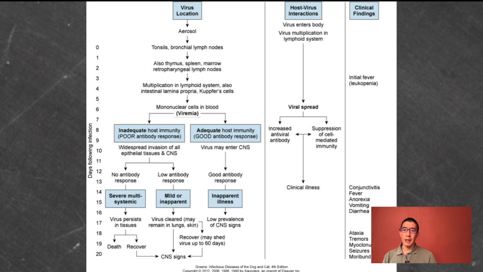This results in clinical signs such as chewing gum fits, ataxia, and myoclonus. Unfortunately, the prognosis, once neurological signs have developed, is very poor, and euthanasia should be considered in these cases.